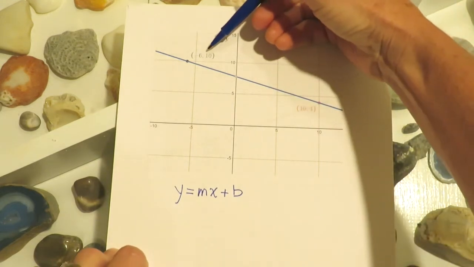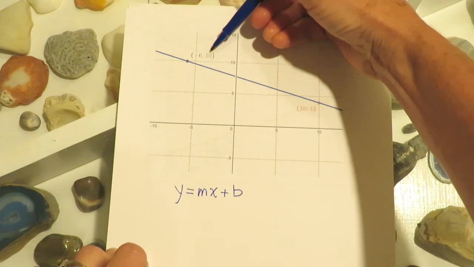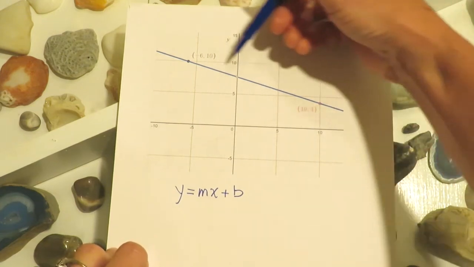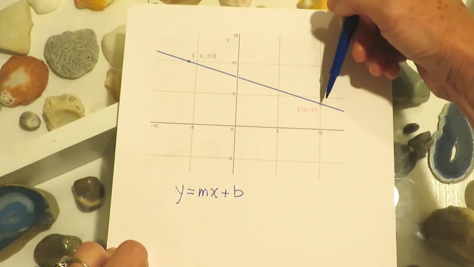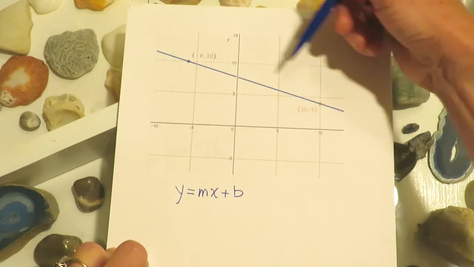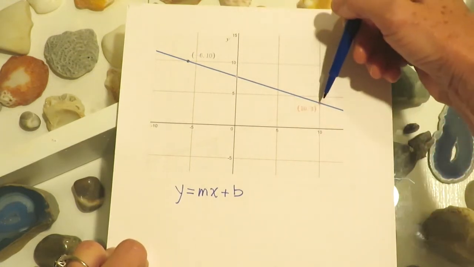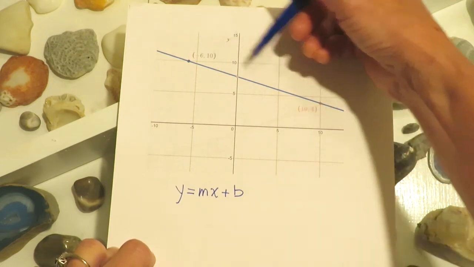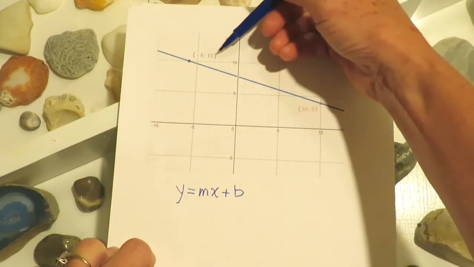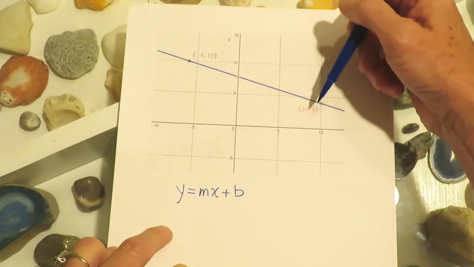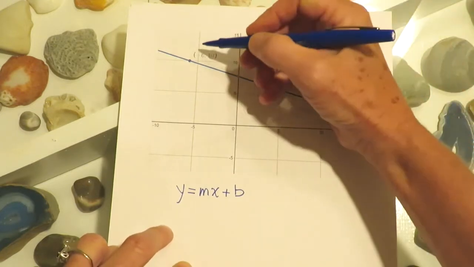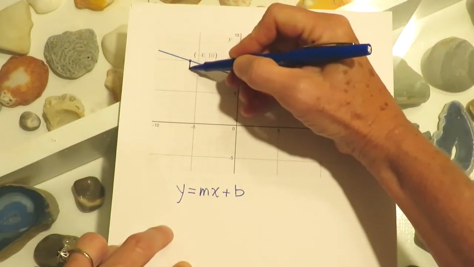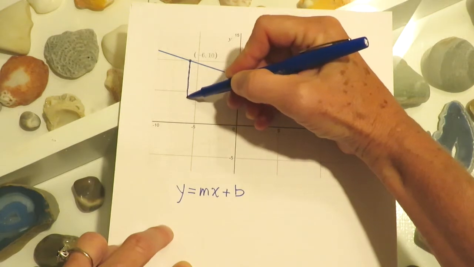So notice this point has a y value of 10, and if I use this other definitely known point and I move from that point to this point, my y value goes down from 10 to 4. If I decrease from 10 to 4, that is a decrease of 6. So 1, 2, 3, 4, 5, 6.